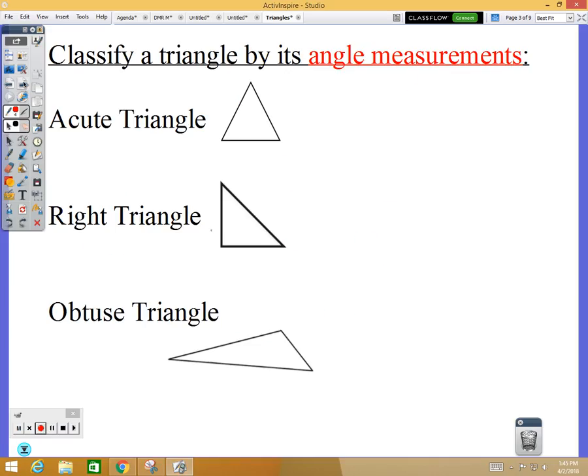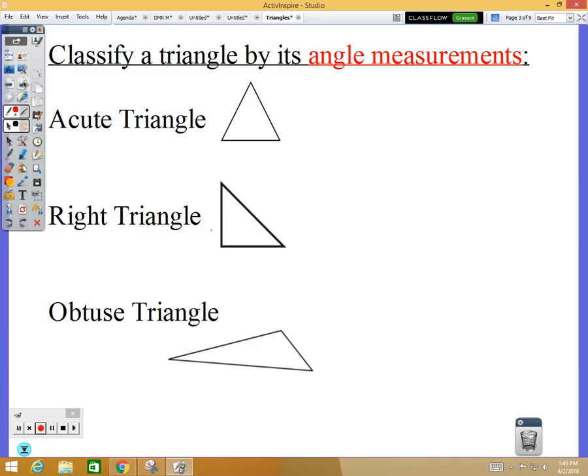Okay. So when we classify a triangle, we can either classify by the angle measurements, or we can classify it by the side lengths. So we're first going to talk about classifying by the angle measurements. Okay? And it's really similar to those words that we use to describe the angles.